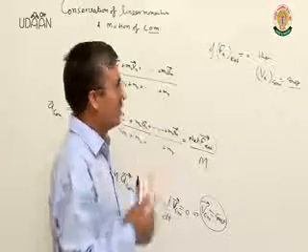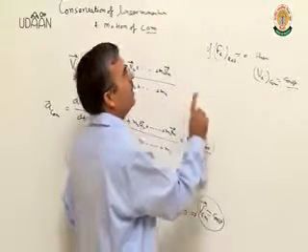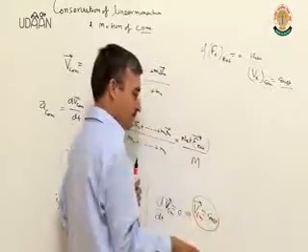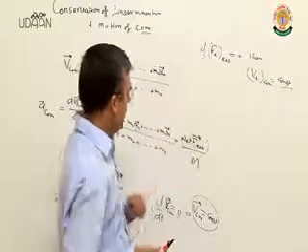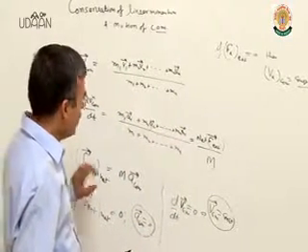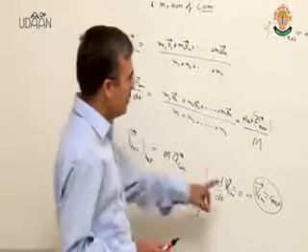The y component can change, the z component can change. If initially the x component is 0, it will remain 0. Similarly in the y and z directions. Okay.